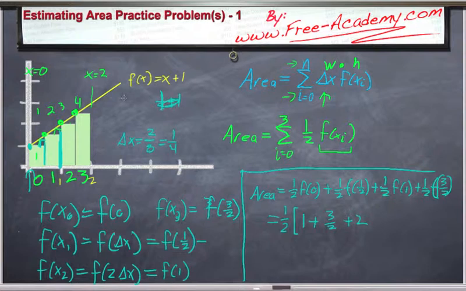And f of 3 halves is 3 halves plus 1, or that's going to be equal to 5 halves. If you add this together, this is 3 halves, 1.5, plus 2.5, these add together to 4. 3 plus 4 equals 7. So our total area that we're estimating here is going to be equal to 7 halves.